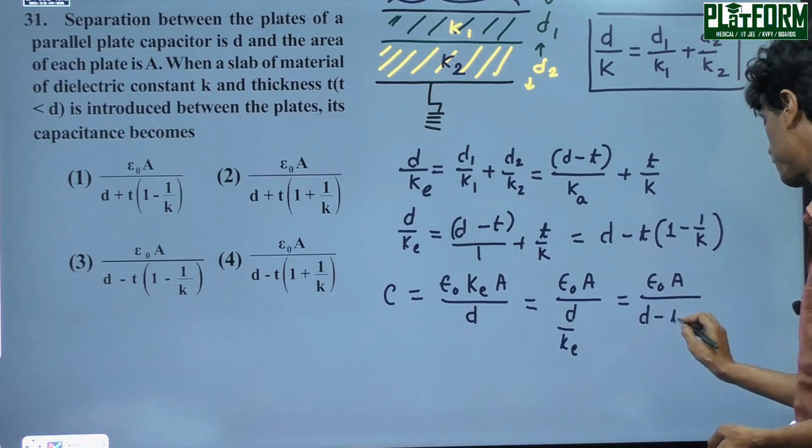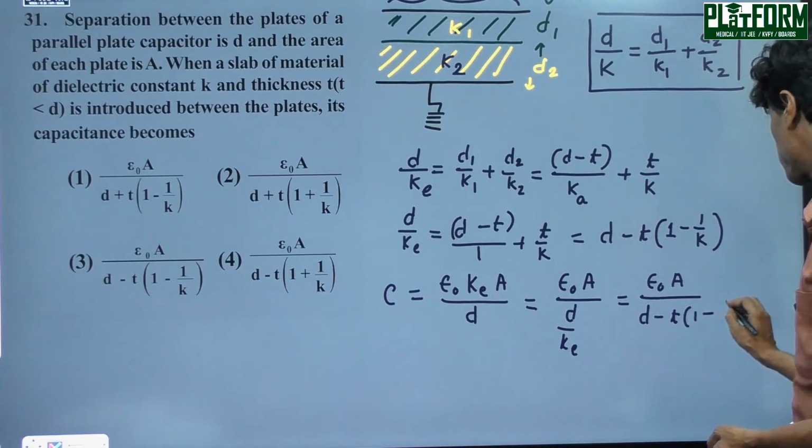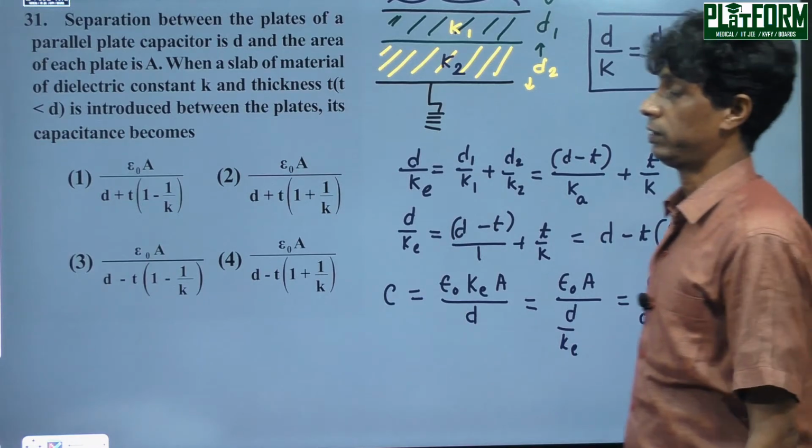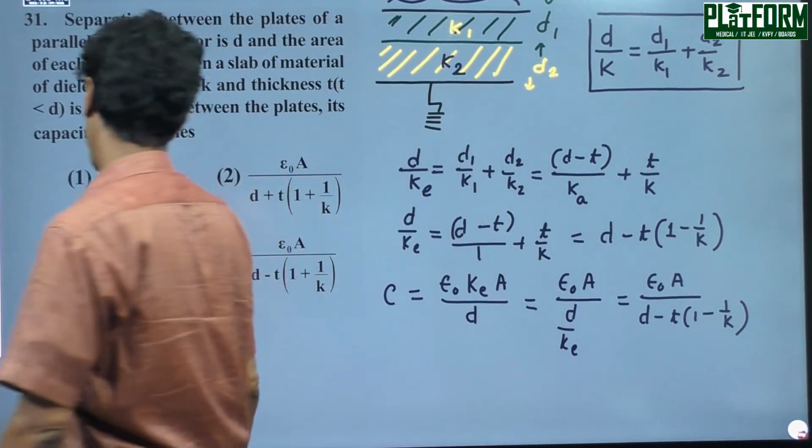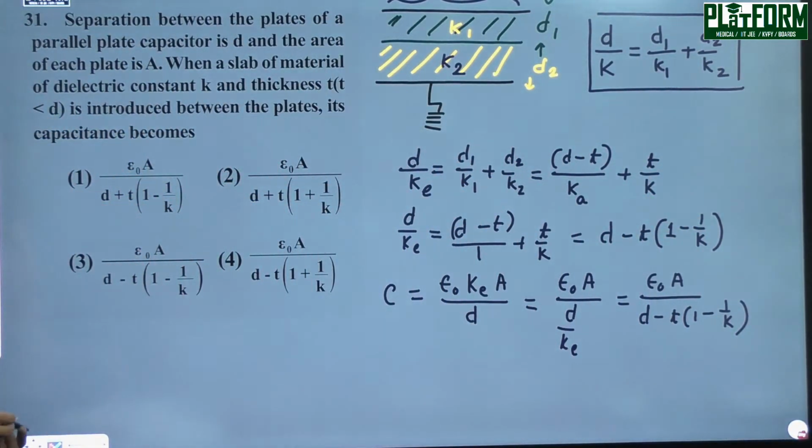It is D minus T into 1 minus 1 by K. So the right option is 3. Next problem.